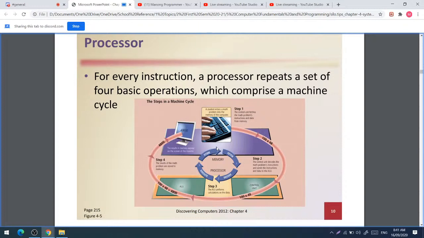Now, ang gagawin ni processor, i-decode niya kung anong ibig sabihin nun, nung zeros and ones na yon. Mamaya, ipapakita ko yung data representation natin. Then, if na-decode na po siya, then the processor will already execute it. Then, store it again in a memory. So, that is the machine cycle. So, it will fetch, it will decode, execute, then store.